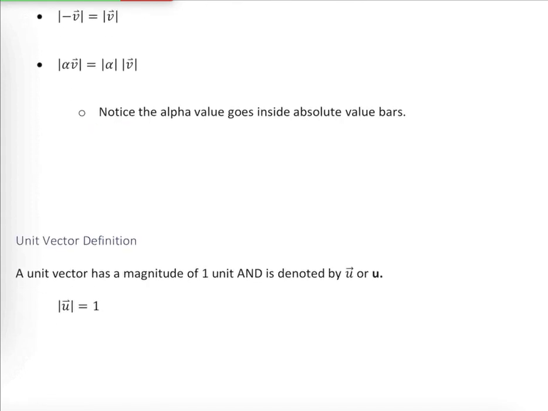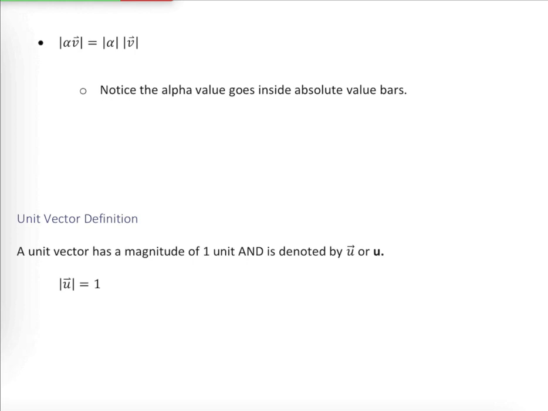Now, this last property is a little bit annoying with its notation. We have that the magnitude of a scalar multiple of vector v is going to have the value that is, now, these vertical bars here, because there's a scalar quantity inside, are absolute value bars.